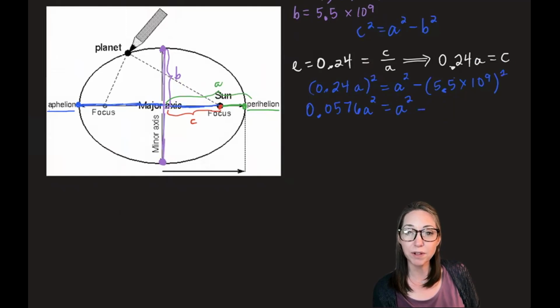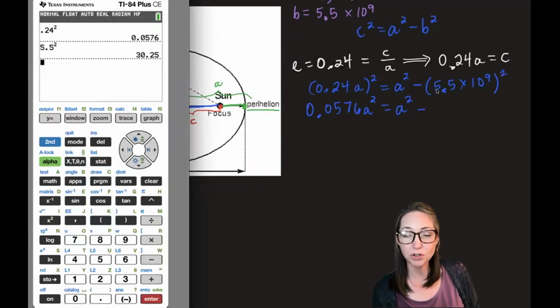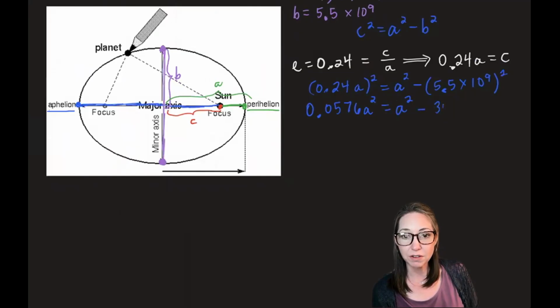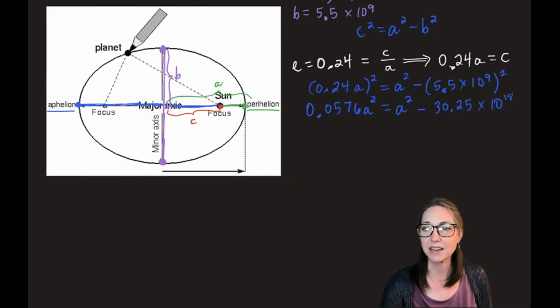Since we're multiplying the 5.5 and the 10 to the ninth, the simplest way to do this would be to square both of those numbers. Let's go ahead and square 5.5. 5.5 squared is 30.25. So that's going to be 30.25 times 10 to the power of, well, 10 to the ninth all squared. We would multiply those exponents to get 10 to the power of 18.